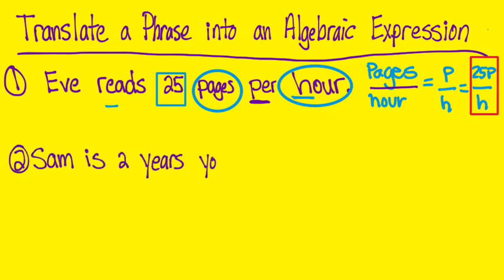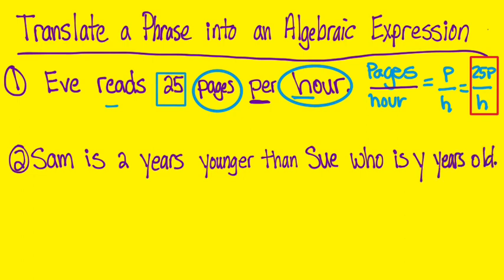Number 2, Sam is 2 years younger than Sue, who is Y years old. How do we do this? We need to see who's represented with what. All we know about Sam is that Sam is 2 years less. Right? Less. So we know we have some sort of subtraction here. So this could be a minus 2, right?